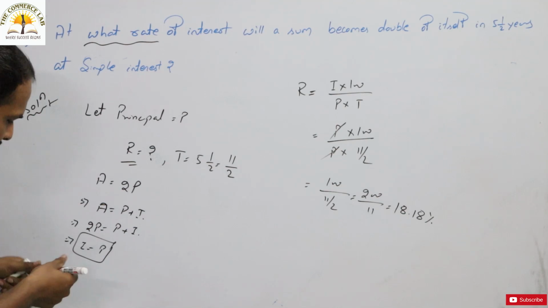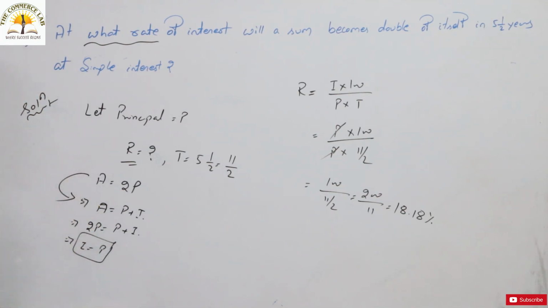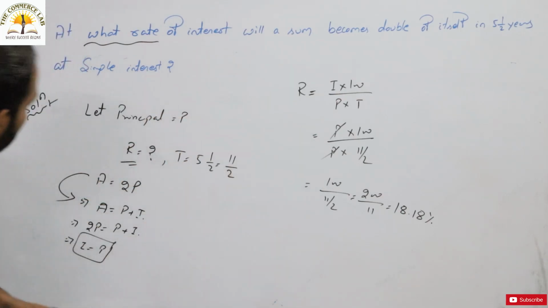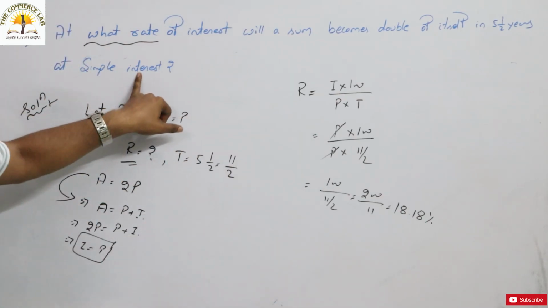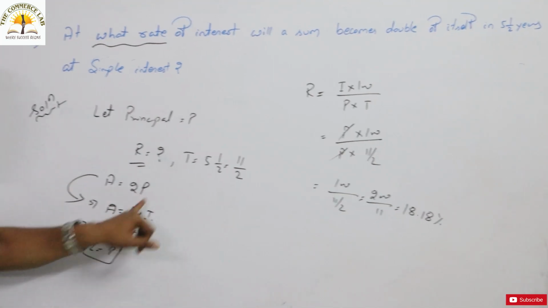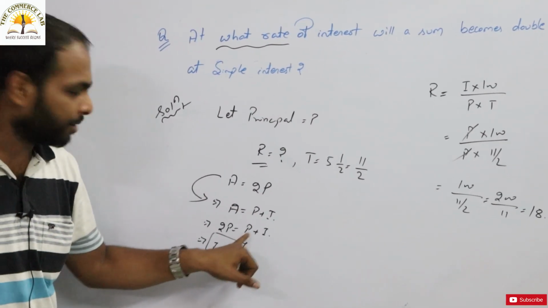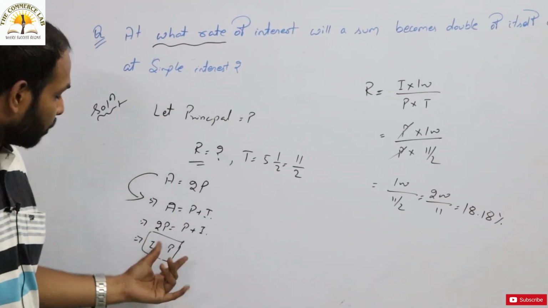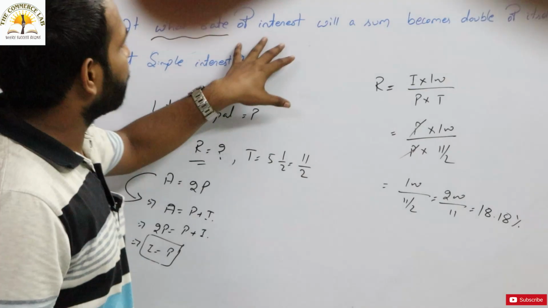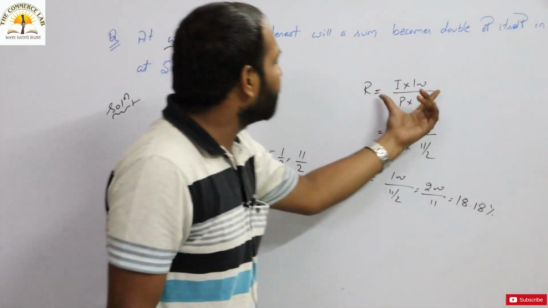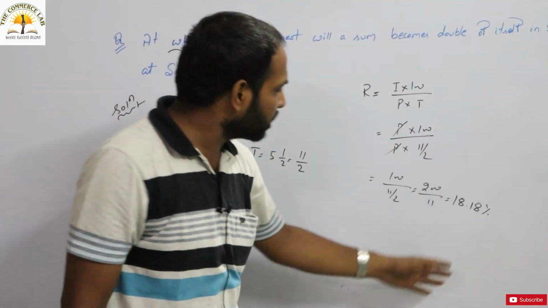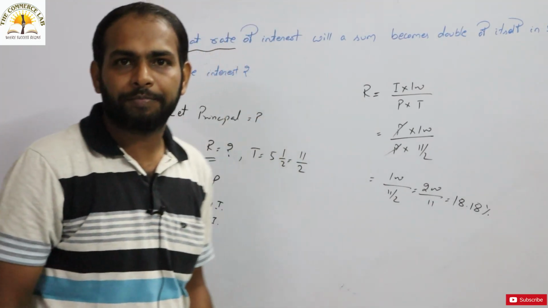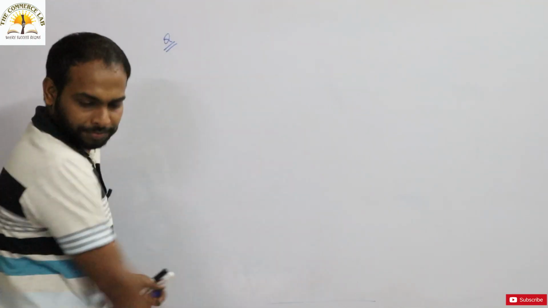From this amount we have to calculate I, because I is not given. Only simple interest is given in the question. So A equal to P plus I, that means 2P equal to P plus I, so I equal to P. Then we have to calculate R, we know the formula I into 100 by P into T. Then with this calculation, you will get the result 18.18%. Okay. Then come for the next one.